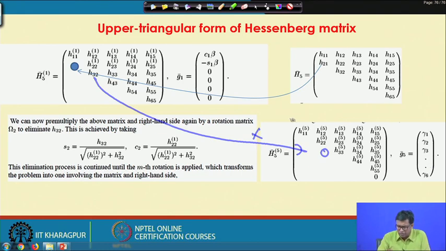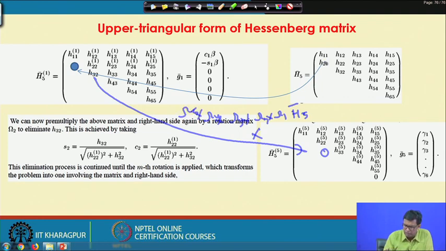So, once we do these multiplications with h 2 h 3, like we take h bar 1 h bar 5 and then multiply omega 1 into omega 2 into omega 3 into omega 4 into omega 5.